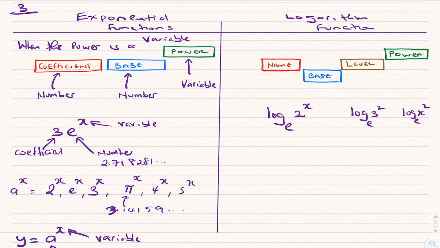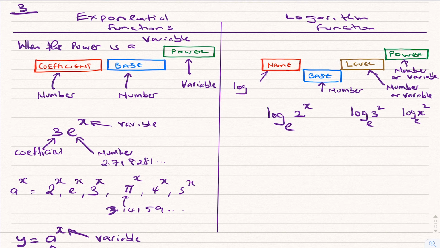So the name is always log, the base is always a number, the level can be a number or a variable, and the power can be a number or a variable. So that's how you write a logarithm.